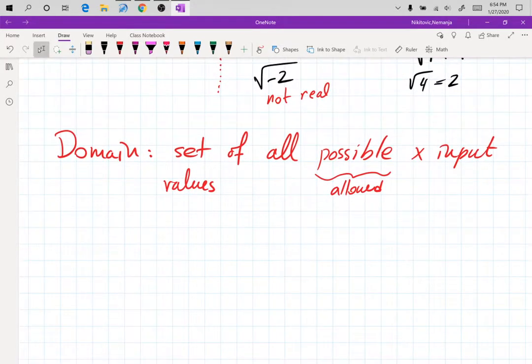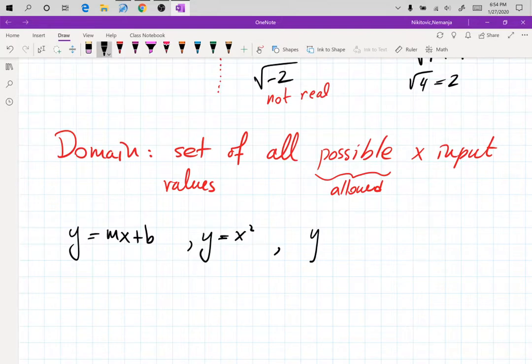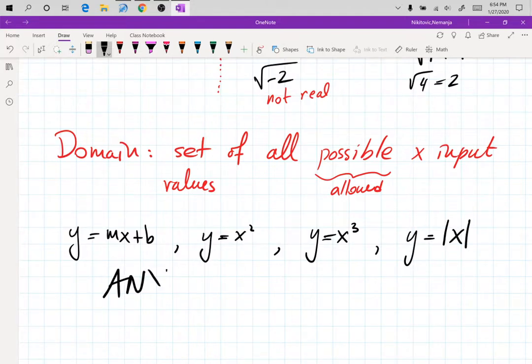So if you are considering functions like y equals mx plus b, if you are considering x squared, if you are considering x cubed, if you are considering absolute value of x, any x is okay to plug in. They will all return values in these functions.